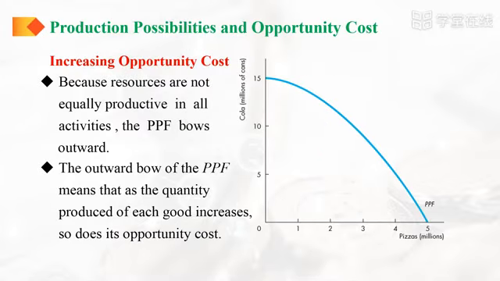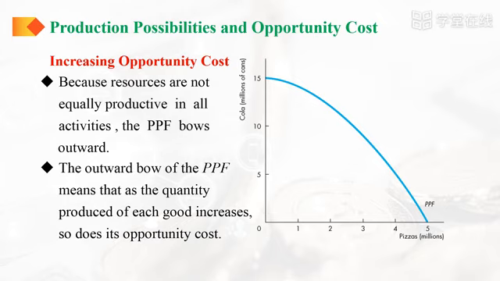When we produce a large quantity of cola and a small quantity of pizza between point A and B, the frontier has a gentle slope. An increase in the quantity of pizza causes a small decrease in the quantity of cola. That is, the opportunity cost of a pizza is a small quantity of cola.